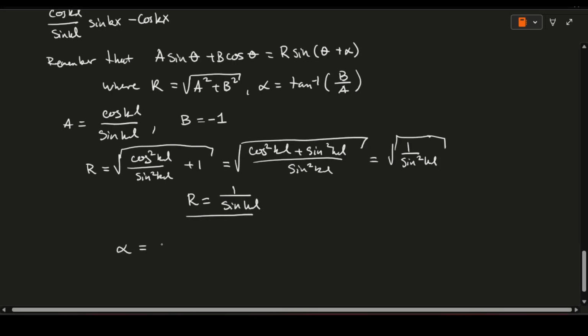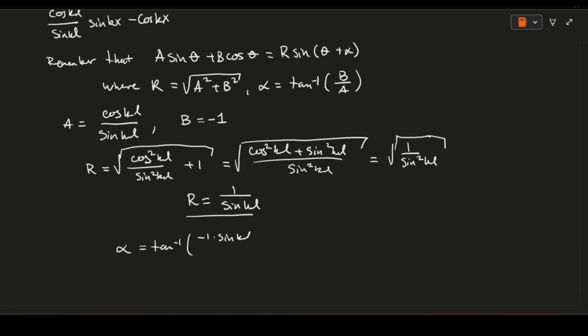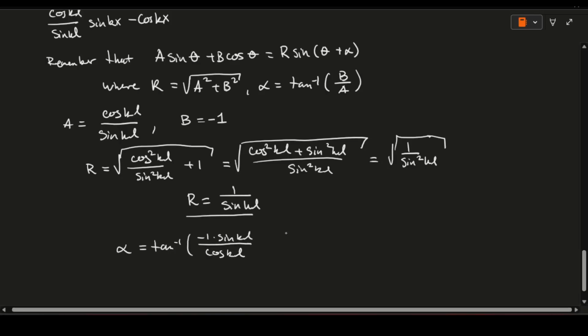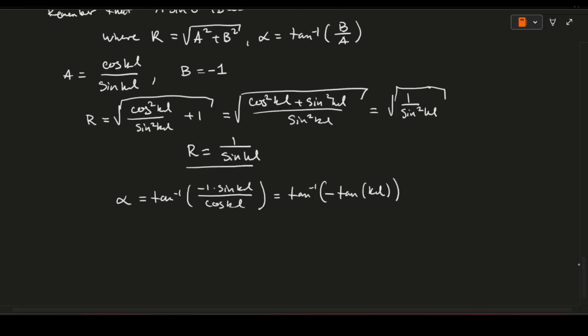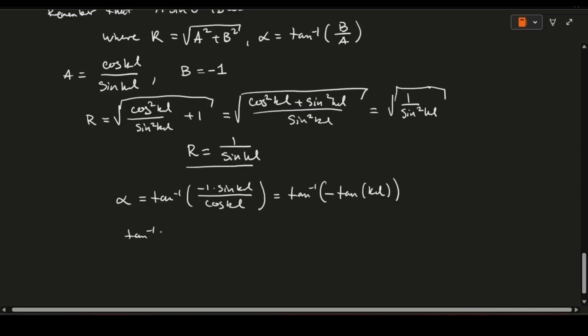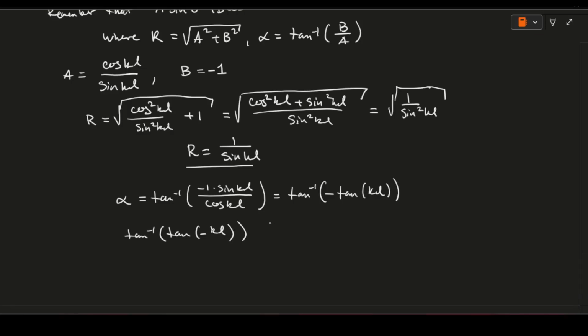Alpha in this case is equal to the tangent inverse of minus 1 times sine KL over cosine KL. That is equal to tangent inverse of minus tangent KL, and the tangent inverse of tangent of minus KL is just equal to minus KL.